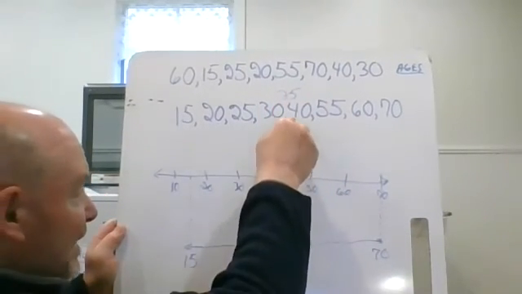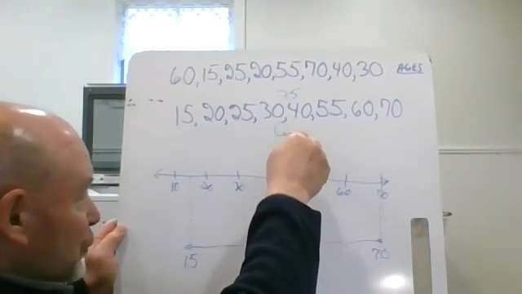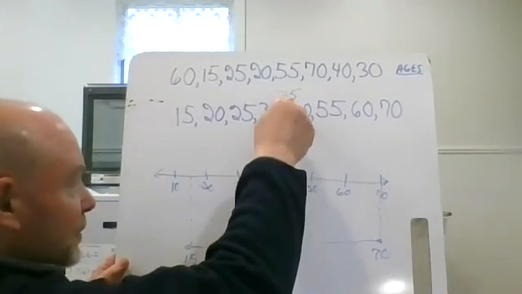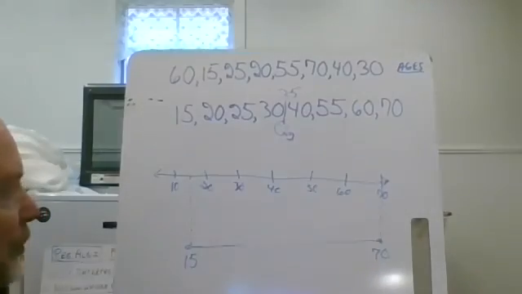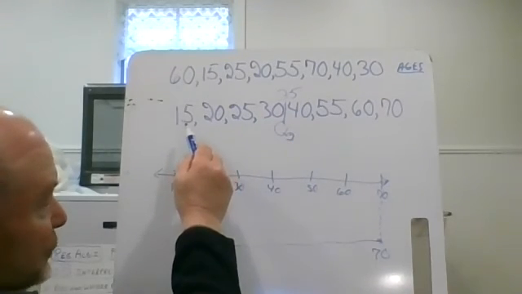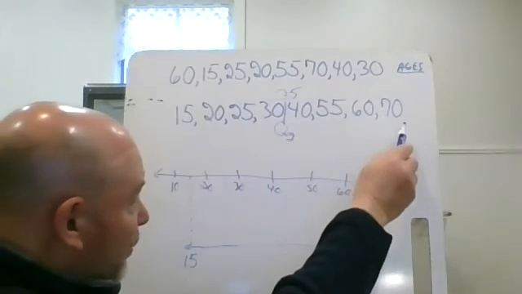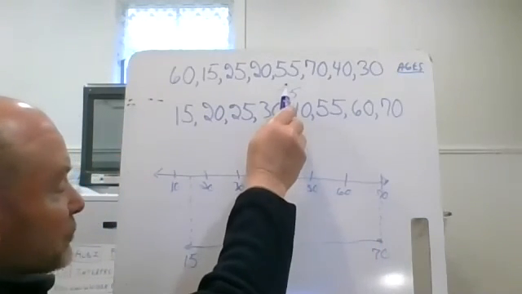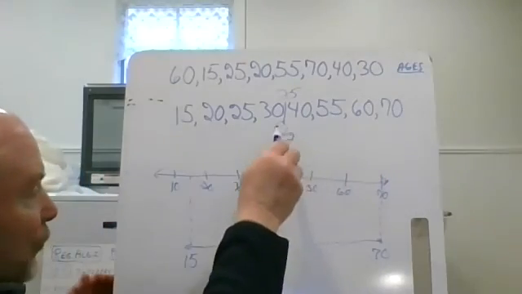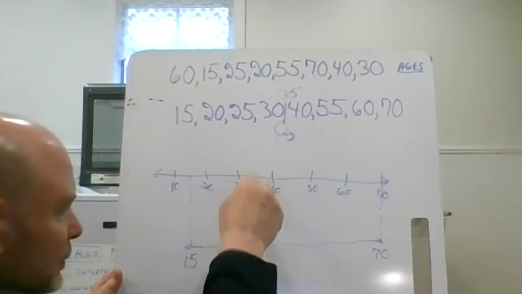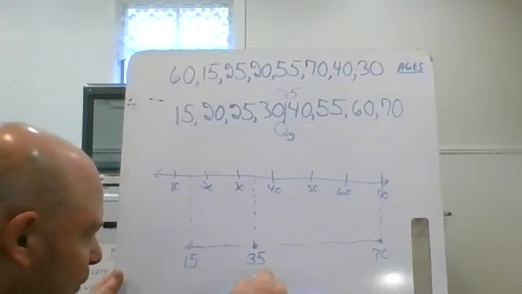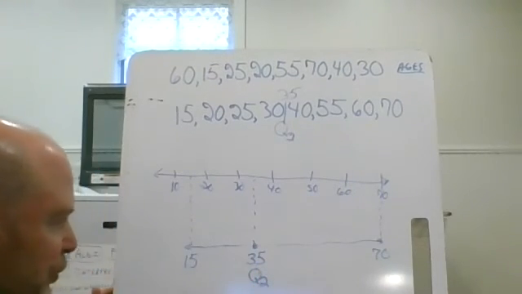Okay, and that is Q sub 2. 35 is the median right through here. And that gives you a lower half of 4 values and an upper half of 4 values. You don't count the median. You get 4 to the left, 4 to the right. So 35 is right here. So we're drawing that down. We're putting in 35 and we're calling it Q sub 2.